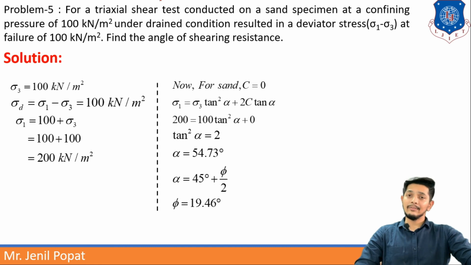Now I have alpha, so I can find phi too. For phi, I will use the equation alpha is equal to 45 plus phi by 2, and I am getting the phi value, the angle of shearing resistance, as 19.46 degrees.